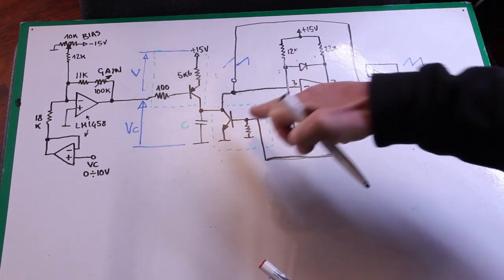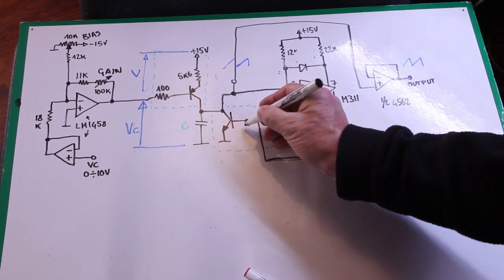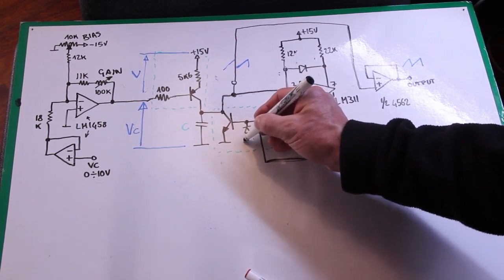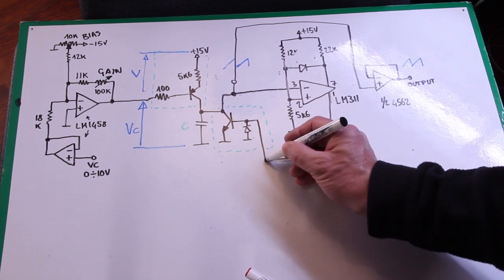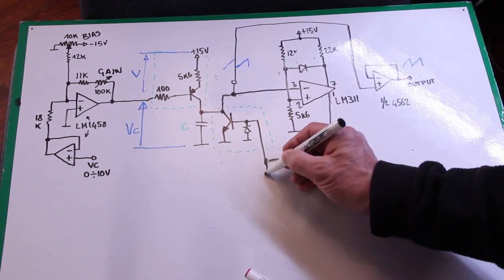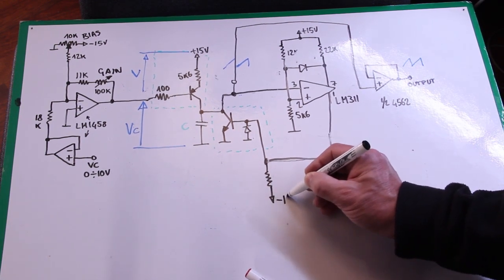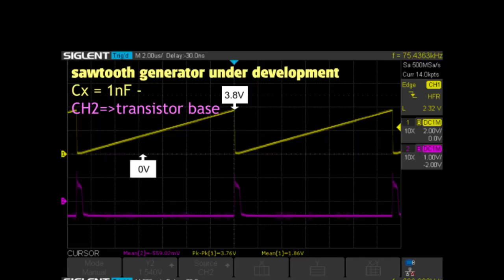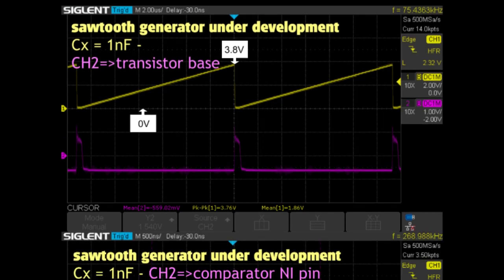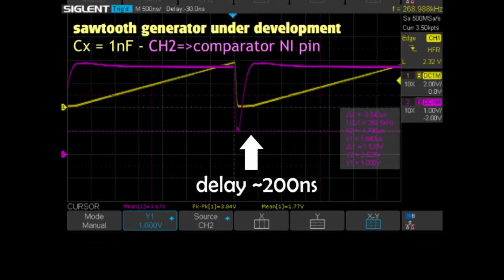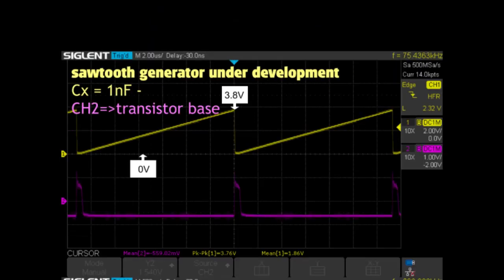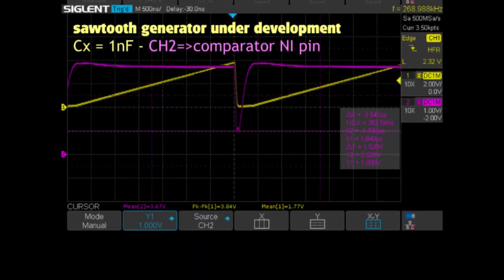So what we need is to put a fast diode here, and here put a resistor connected to the negative rail. After this modification, we can see the transistor turns off remarkably faster. The frequency now starts from 75 kHz and reaches 268 kHz with a 1 nanofarad capacitor.